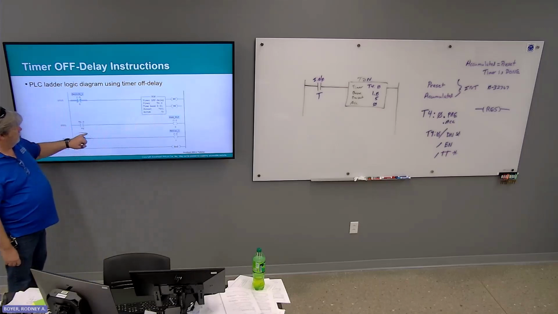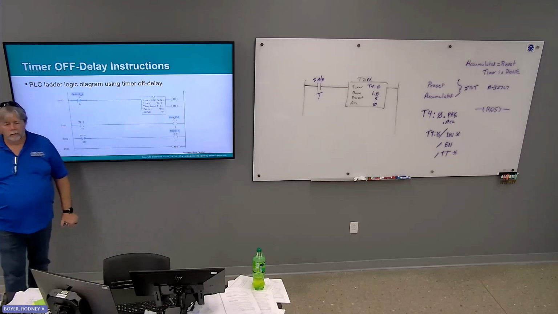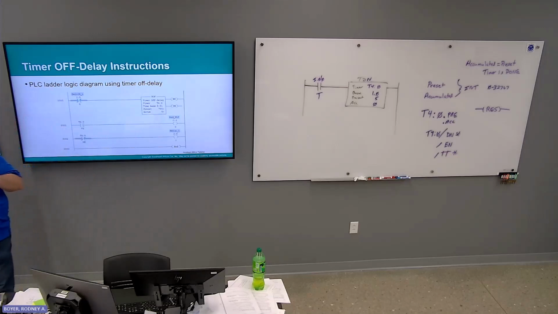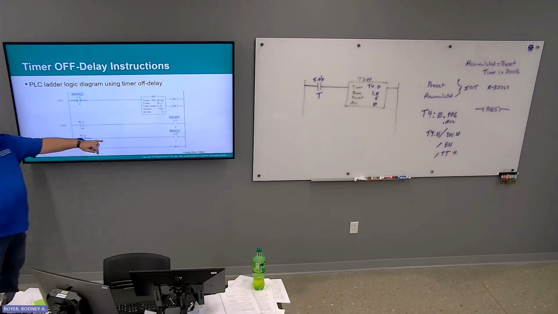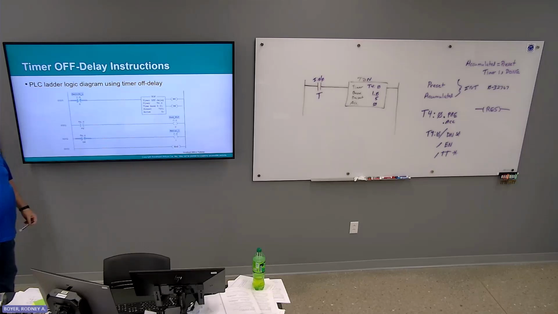That's XIO. It's not going to open, but that's going to evaluate as false, which will turn the motor off. So we're looking for a 0, we're going to find a 1.